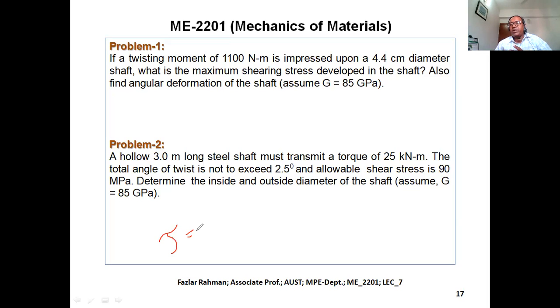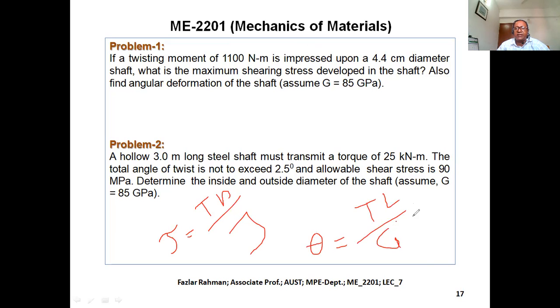So we need to figure out that shear stress magnitude. That is TR divided by J, where R is the radius of the shaft. This is one formula. The other formula, angular deformation, theta equals TL by GJ.